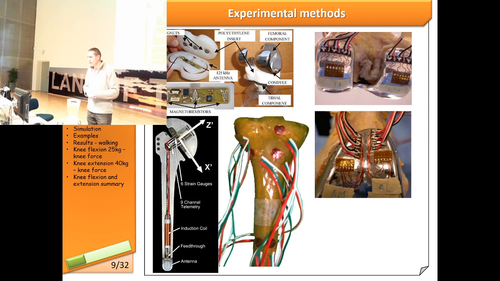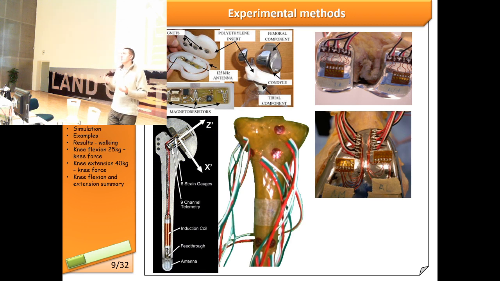And then the middle bottom is the cadaveric specimen of a bone with strain gauges attached to it. That will allow you to see what the stresses on the surface are while you're loading the cadaveric bone in some kind of tensile testing machine or a robot that moves it like a walking path or something.